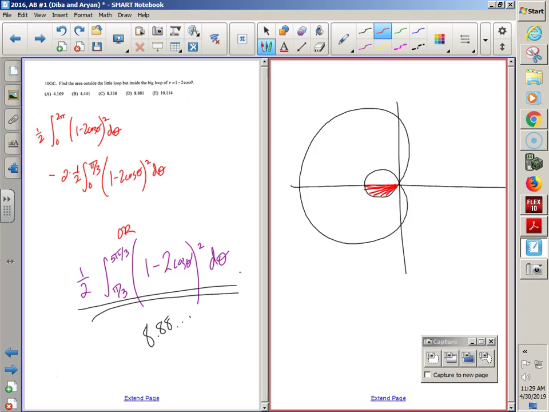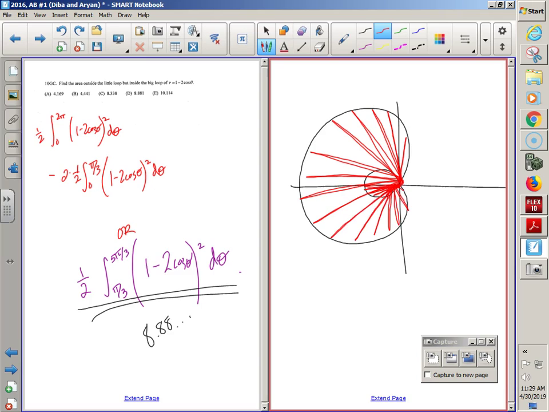From pi over 3 to 5 pi over 3, we extend radii. But when we extend radii, it is completely regardless of what's going in between. Pi over 3 to 5 pi over 3 just did what? The inner loop too.